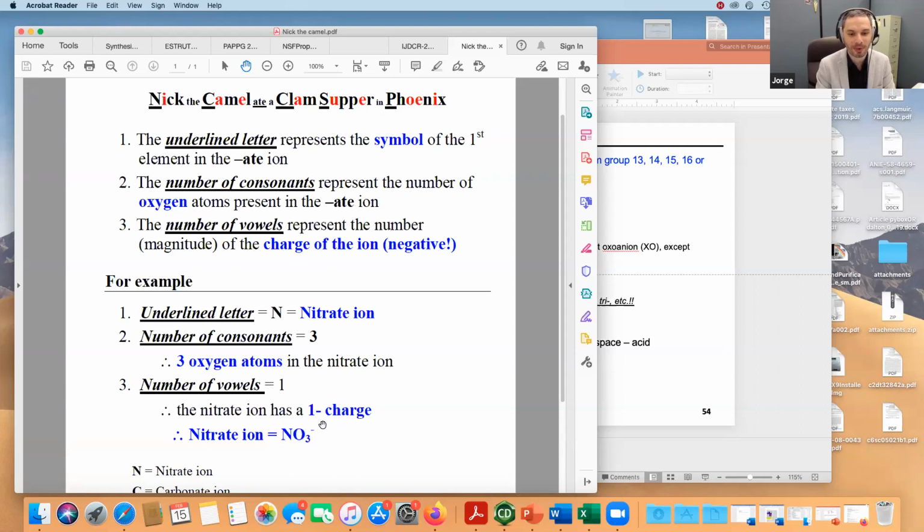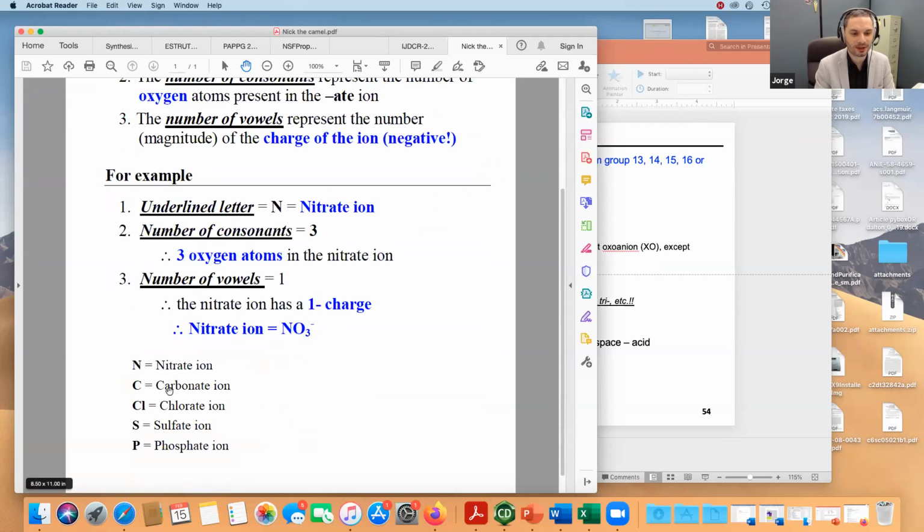Therefore, the name of the oxoanion is going to be nitrate. Okay, and then C will stand for the carbonate ion, chlorate ion, S for the sulfate ion, and P for the phosphate ion.